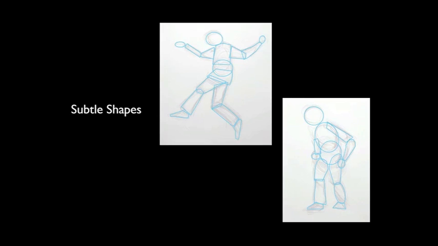But if you look, you'll see that I'm going through each of the parts of the body, and I'm using circles, squares, triangles, rectangles, and combining them all in different ways.